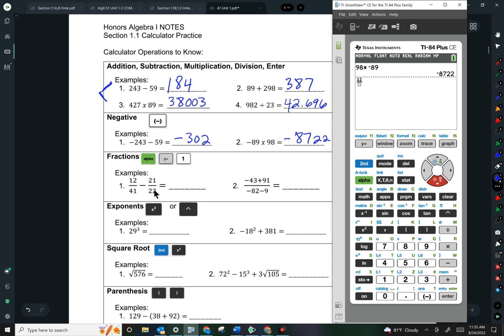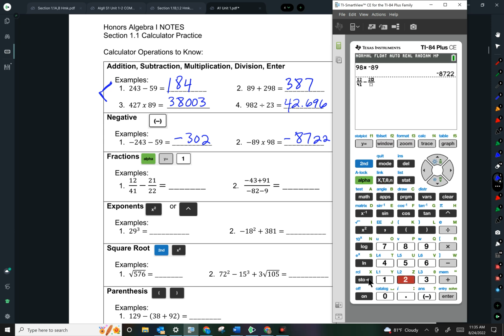And then I want another fraction. So I can say alpha and then that x key. Whoops, sorry, I didn't want it there. Sorry about that. I'm going to delete that. So the denominator, I forgot to put my 41 in. 41. Now I need to move my cursor out to the right, so press the right arrow. Now I can type in my minus sign. Now I need another fraction, so I can do my alpha and then that x key, and then 21 over 22.